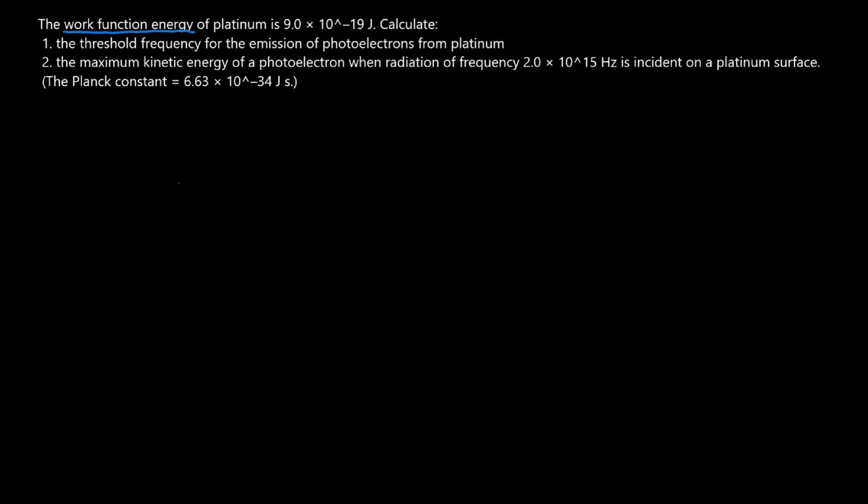And we know that to eject this electron, we need a photon with a threshold frequency for this platinum. So this is the energy of the photon required to reach this work function energy. And the question asks us to find this threshold frequency.